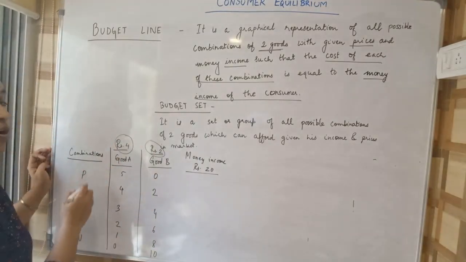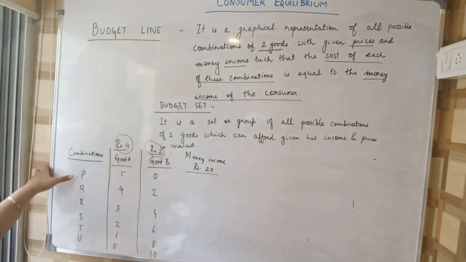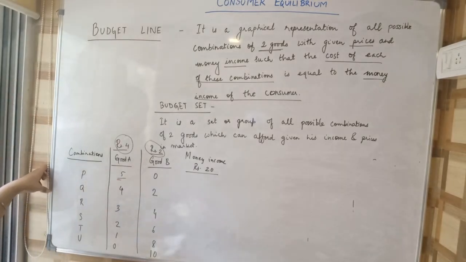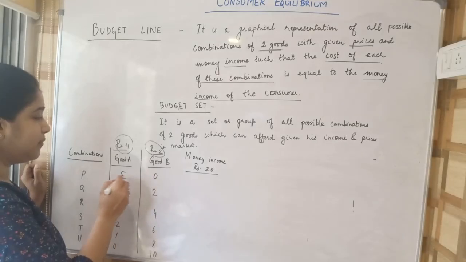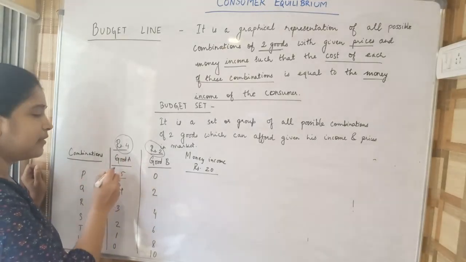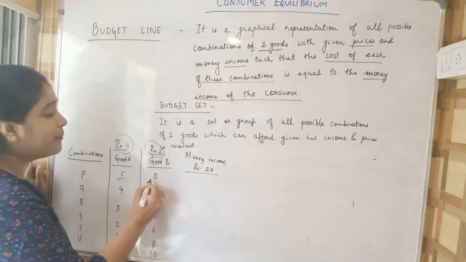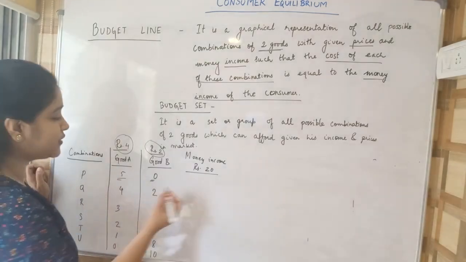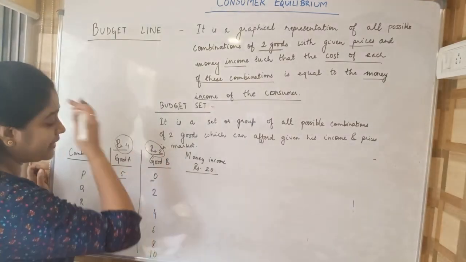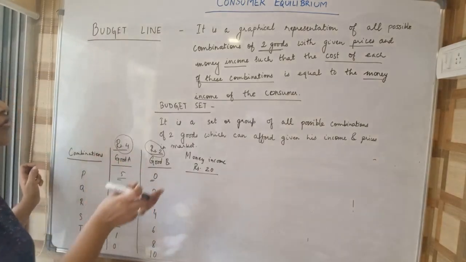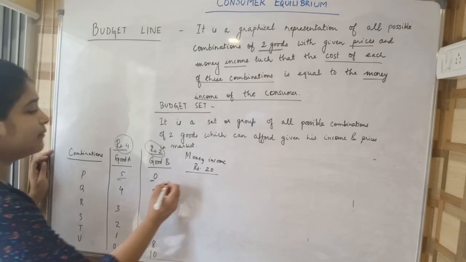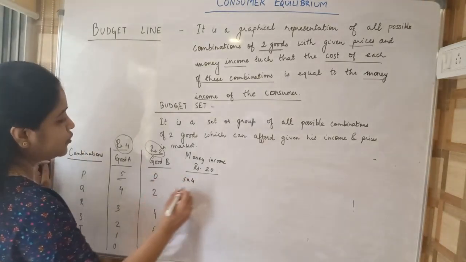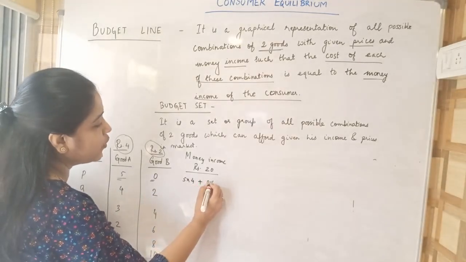Now let us see combination P. In combination P, we are buying 5 units of good A, but we are buying 0 units of good B. Let us see whether the cost of this combination is equal to the money income. 5 into 4 plus 0 into 2.